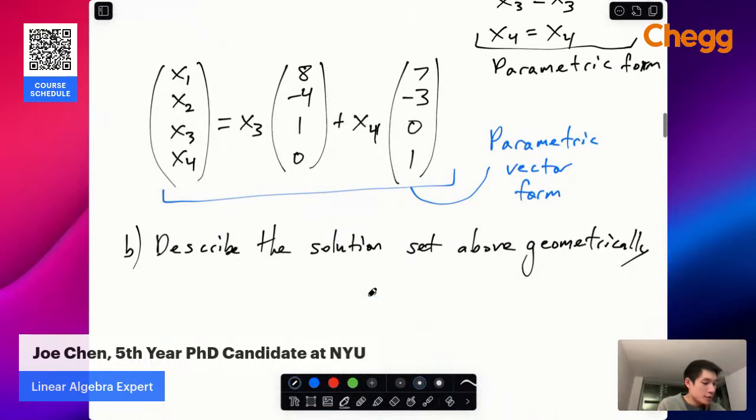So describe this solution set here. Describe it geometrically. So I'll give everyone here maybe a couple seconds to think about how you would answer this question if it was on a midterm, and then I'll give my solution. And if you feel like you know the answer, you can feel free to type it in the chat.